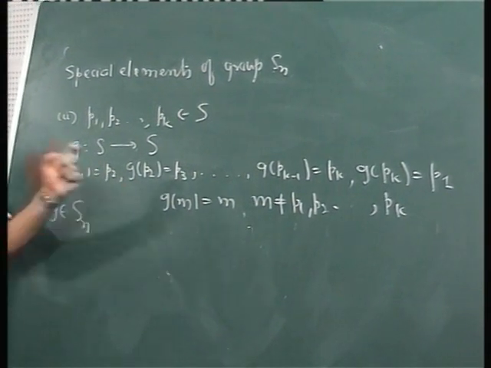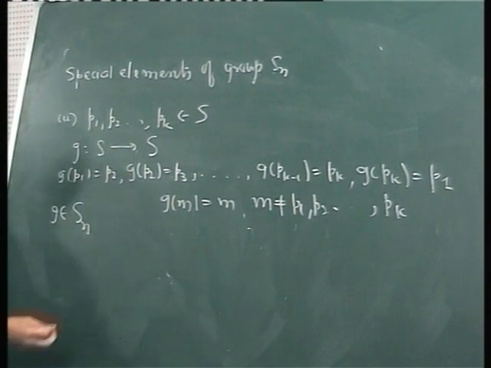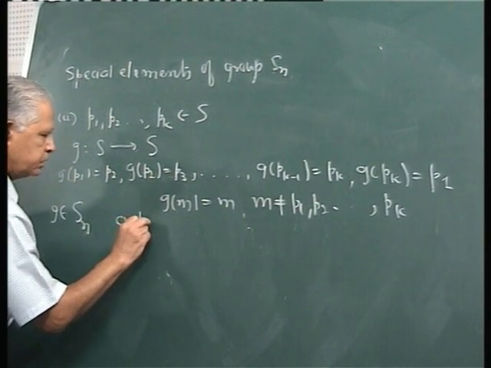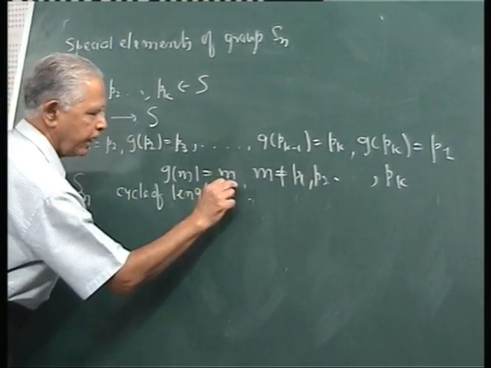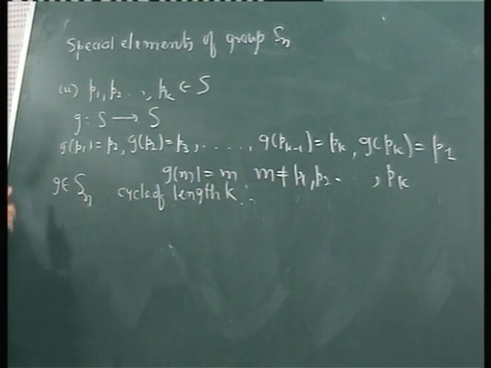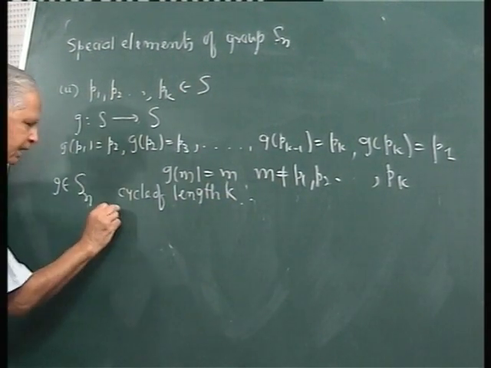The function G defined in this way is called a cycle of length k. There is a special notation for G also, just like transposition.